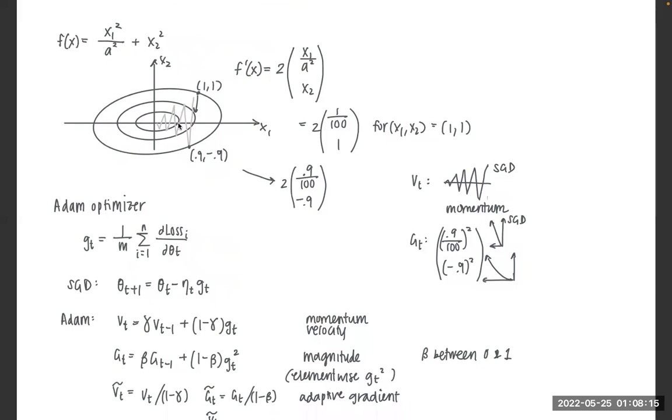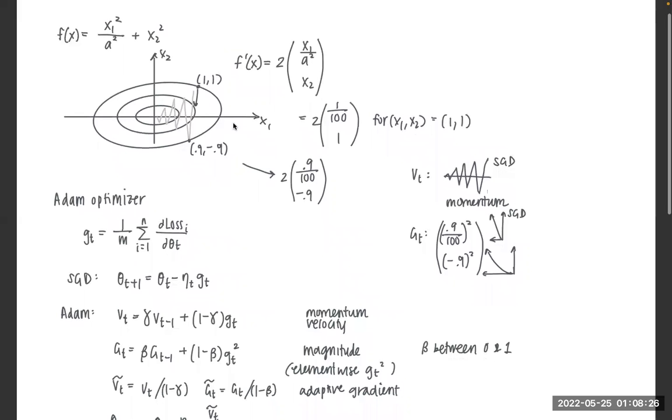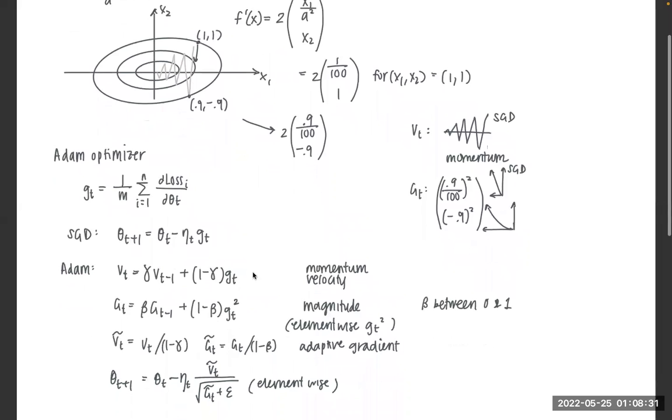By accumulating the velocity, you accumulate the momentum along this direction, and the momentum along this direction gets canceled. So that's the idea. We sum over this g_t using an iterative formula. As I will show you later, this enables us to compute a weighted sum of g_t, where we put bigger weights on the more recent g_t. It's like a windowed or recent memory of the g_t.